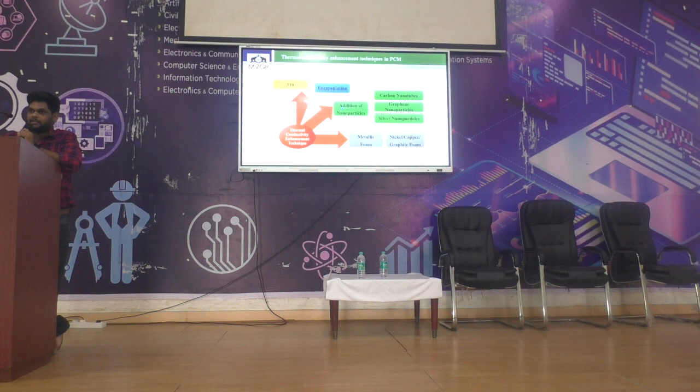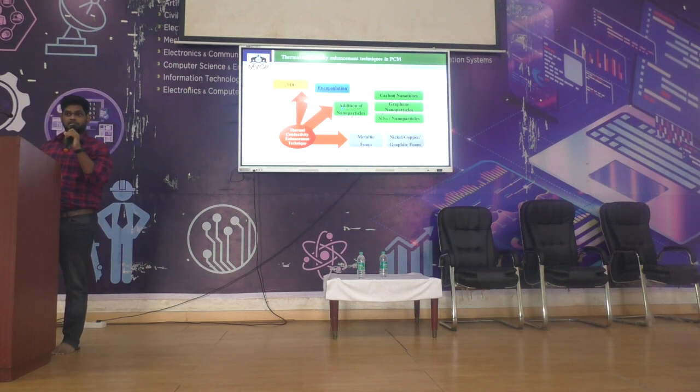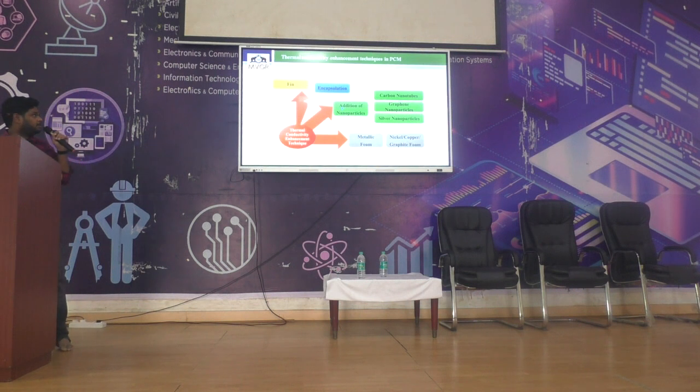I need to arrest the leakage issue, and meanwhile I need to improve the thermal conductivity. If I improve the thermal conductivity, my charging time will be reduced, and meanwhile my discharging time is also reduced. That is possible by enhancing the thermal conductivity of the phase change material.